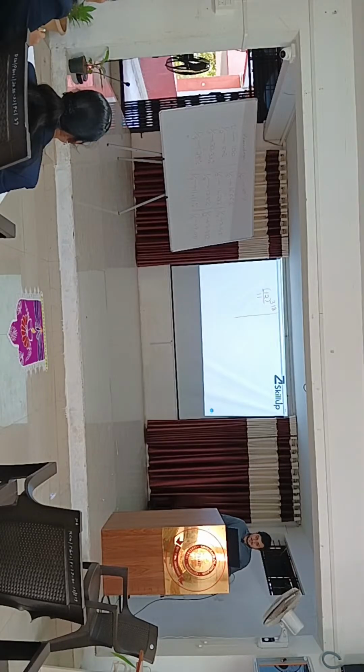Now tell me one thing. What is the remainder of 6 divided by 5? 1. 6 square is another. 6 square is 36. When divided by 5, the remainder is 1.